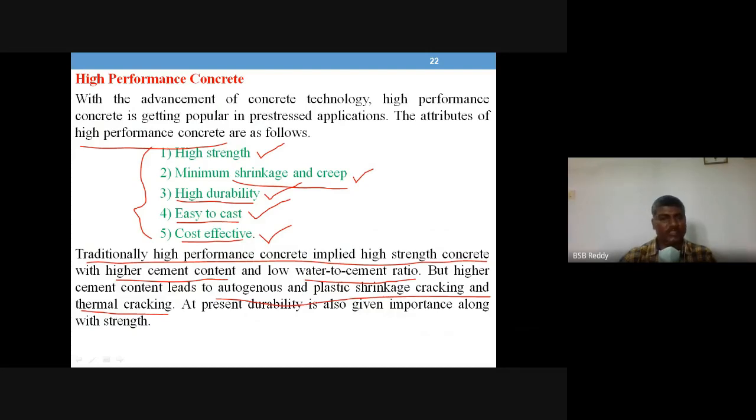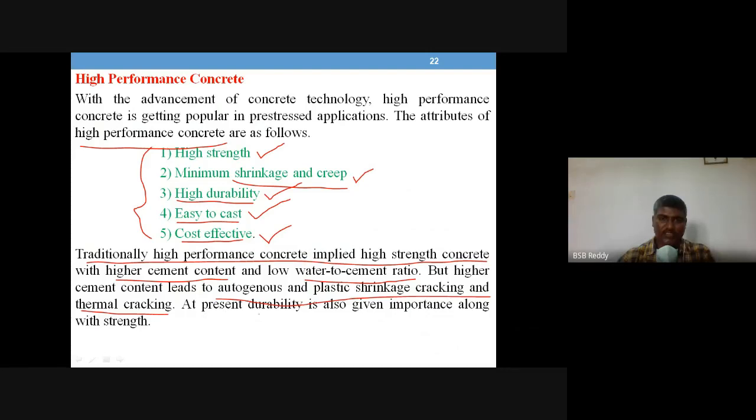Autogenous shrinkage cracking, what we call. Shrinkage cracking will have two types of shrinkage losses that we will discuss in detail in the further classes. Thermal cracking: as you are increasing cement content, the heat produced during the concrete preparation will increase, and hence thermal cracking is also increased.